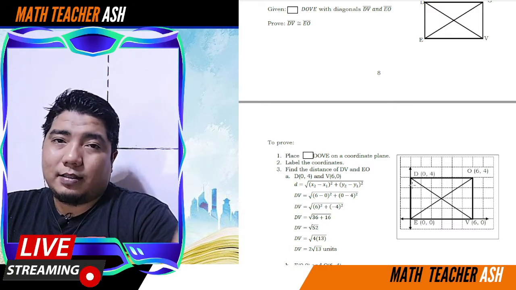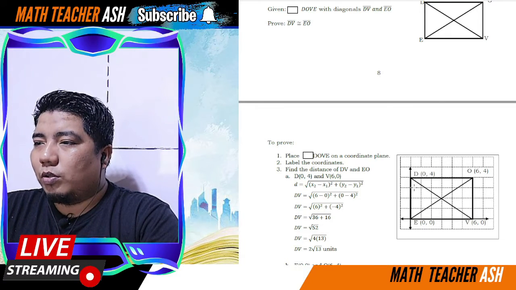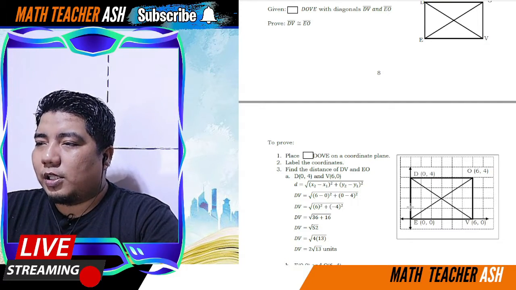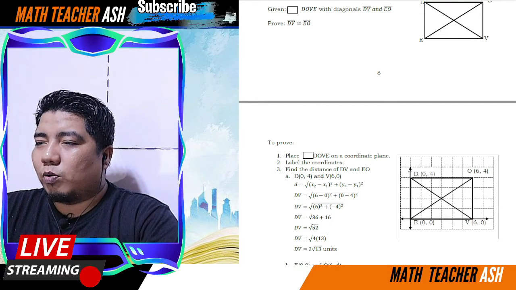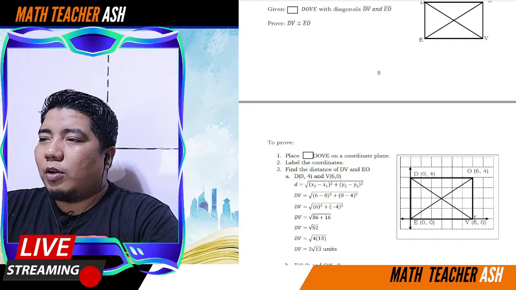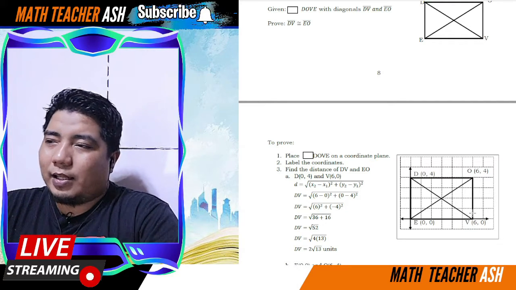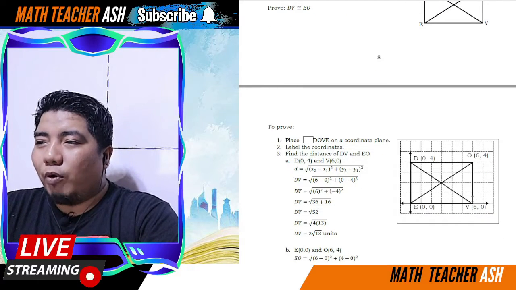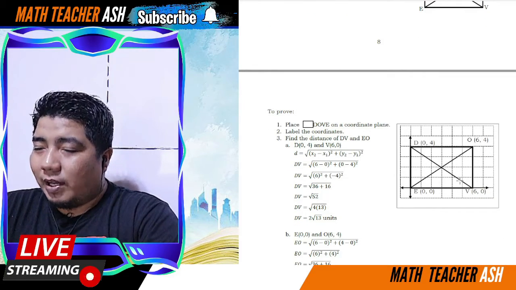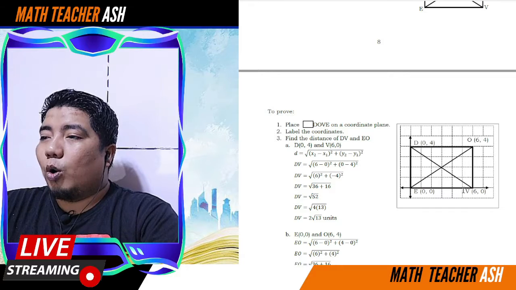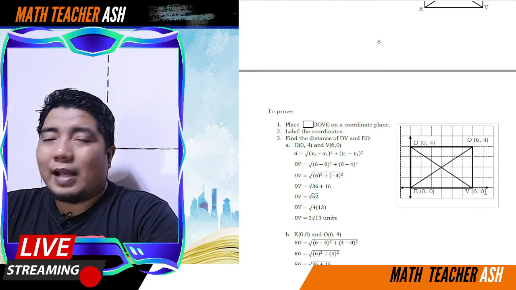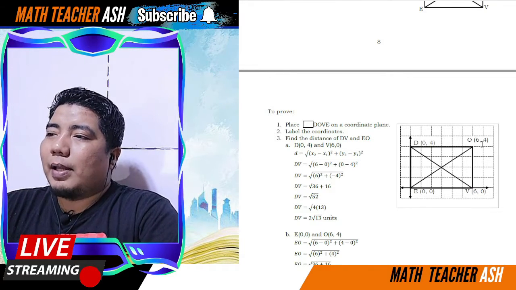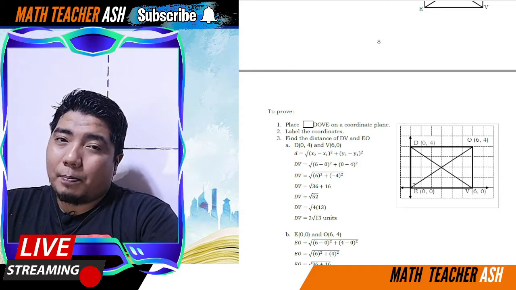So, that is 1, 2, 3, 4. Okay, so this is 4 units, and this is also 4 units. Of course, however long this is, its opposite is just as long. Alright? So, you now have your rectangle. Now, we will prove, using this, that the given line segment DV and line segment OE are equal in measure.